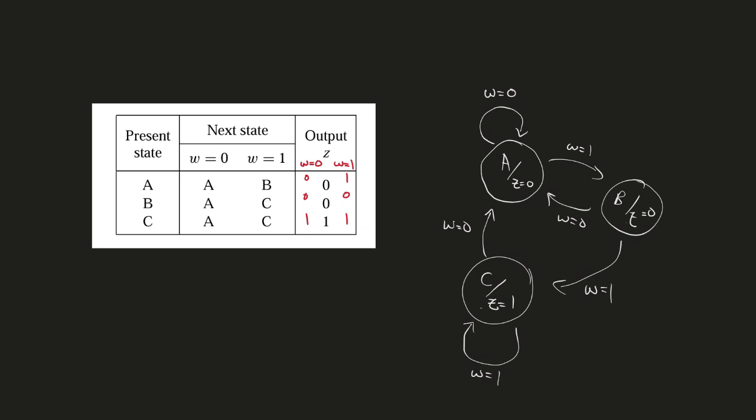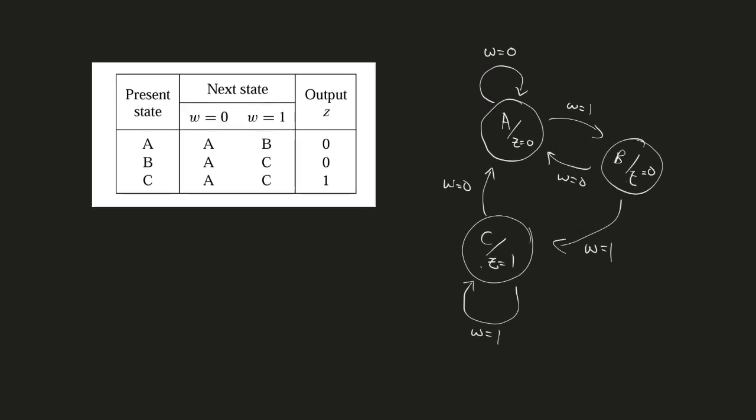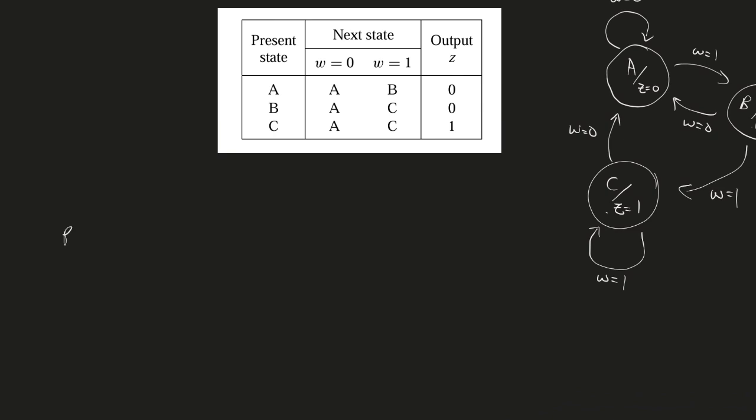Now we're going to draw a state assigned table. So we're going to represent everything as ones and zeros. So we have present state, next state, and then output.